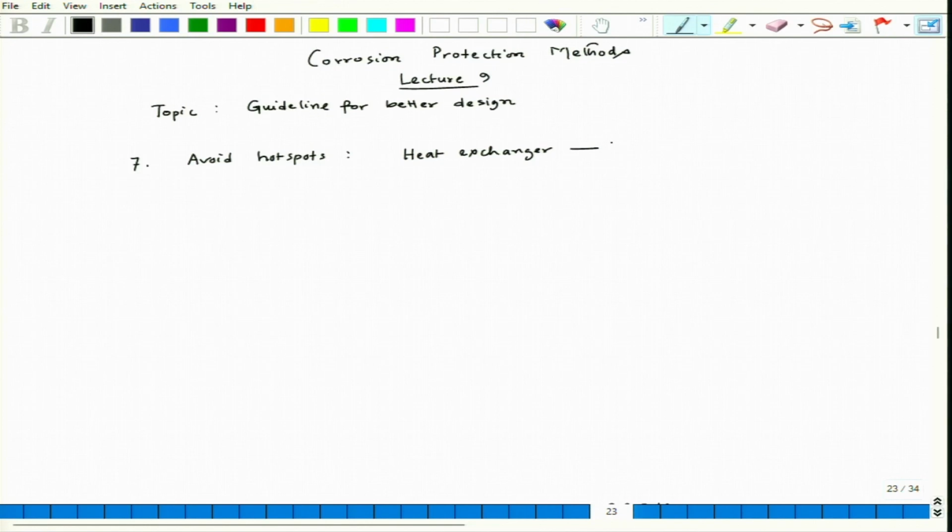Now, there, because of this local increase in temperature, which is the hot spot, there could be excessive oxidation, there could be thermal fatigue, there could be thinning down of that metallic segment of the pipeline, and then bulging.